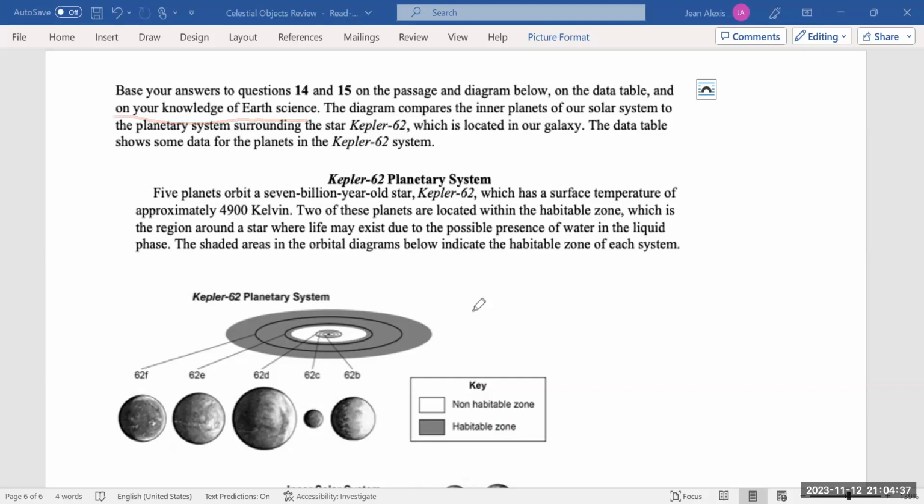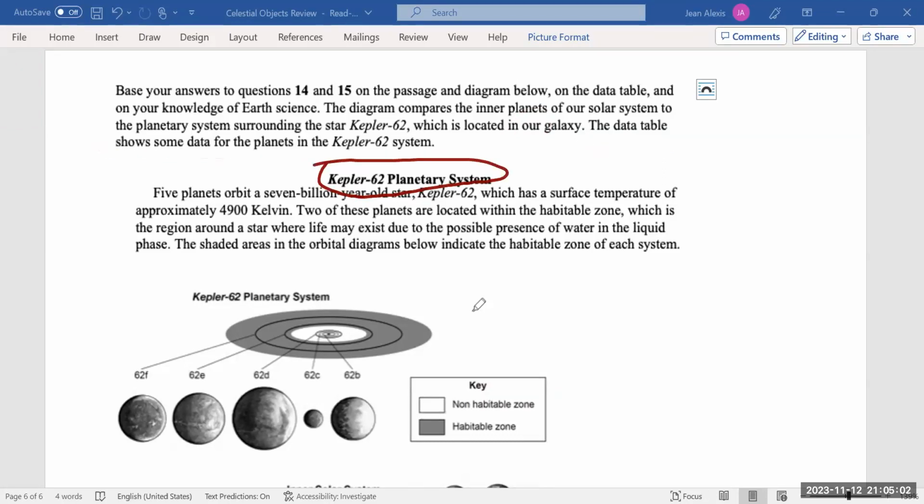That means that your reference tables could help as well. It may not help, or it could help. The diagram compares the inner planets of our solar system to the planetary system surrounding the star Kepler-62, which is located in our galaxy. This data table shows some data for the planets in the Kepler-62 system.